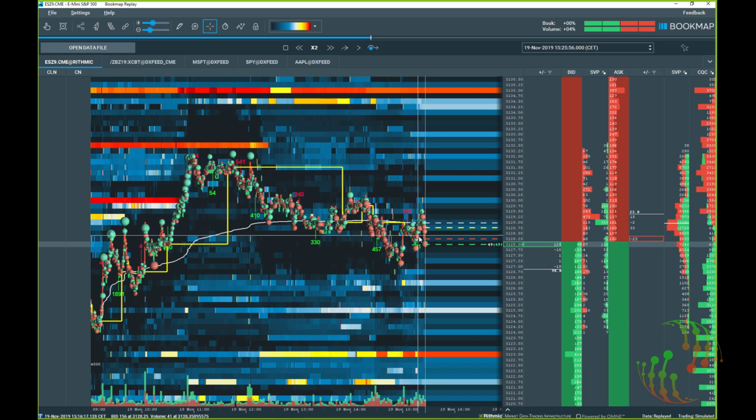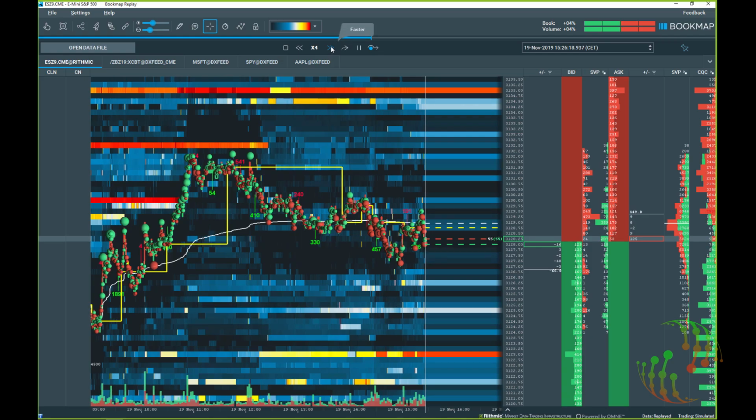And then the market is starting here. Okay, are you ready? The speed is twofold. Let me do it a little bit faster. It's 4 minutes before the open.